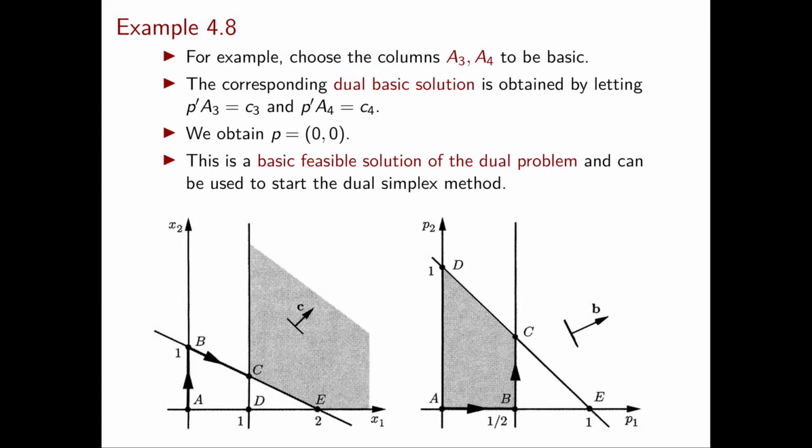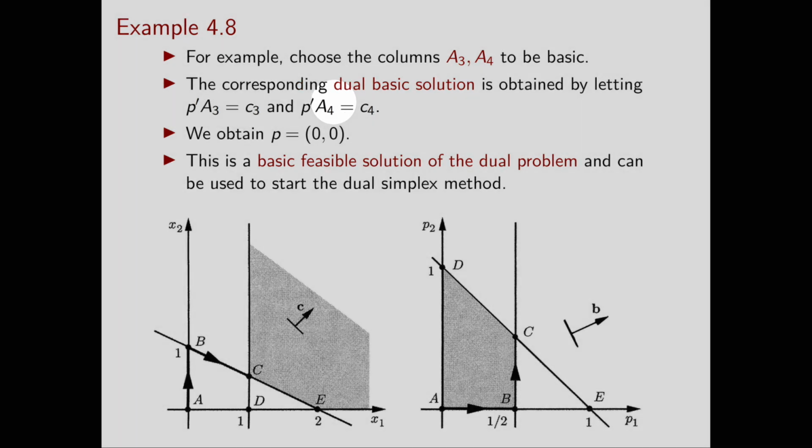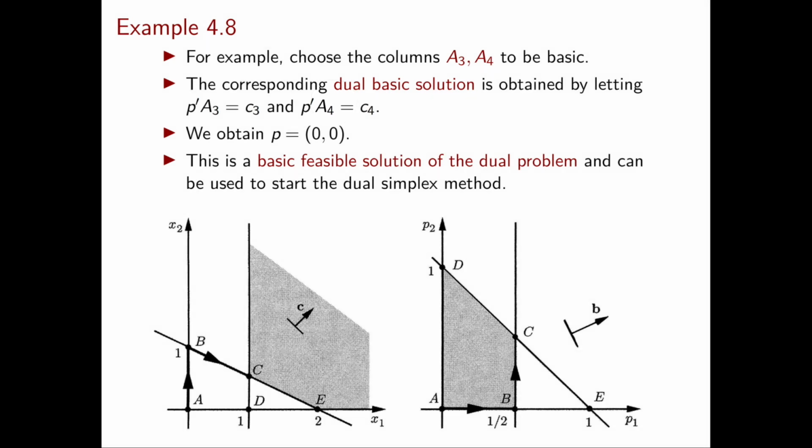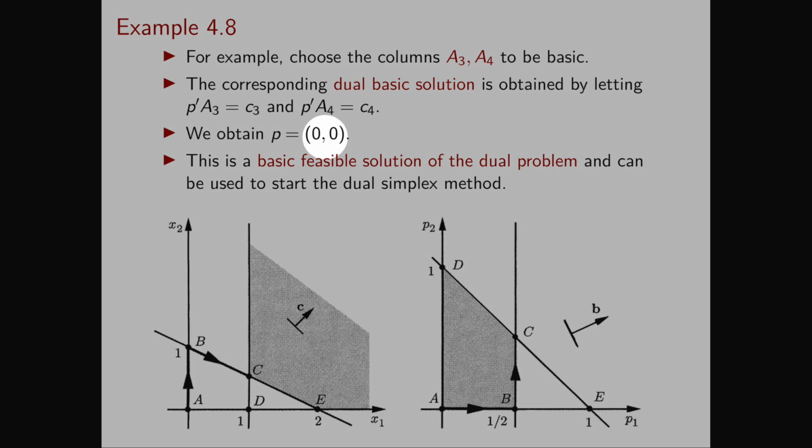Now let's construct the corresponding dual basic solution. To obtain it, we need to set to equality the third and fourth inequality constraints of the dual. If you solve such a system, you obtain the basic solution 0, 0. So in the dual, we obtain the vector A equal to 0, 0.